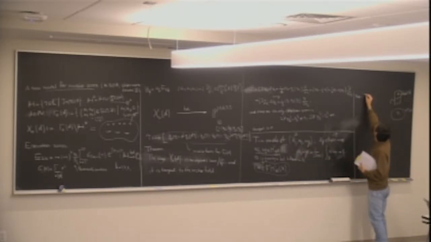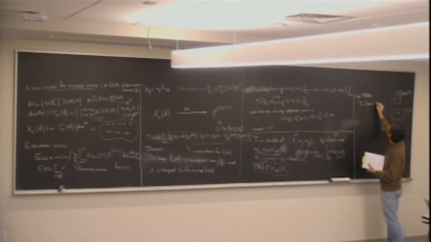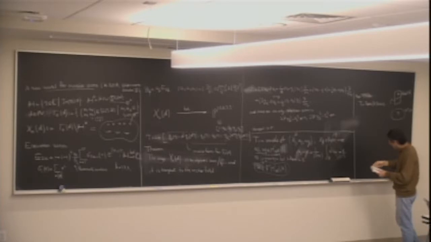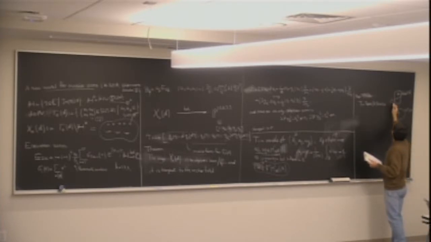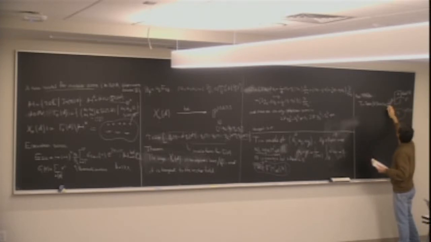I'm working over C, but actually I could work over Q, but let's stay in the case of t1, t2, t3. The discriminant is 27 t3 squared minus t2 cubed.